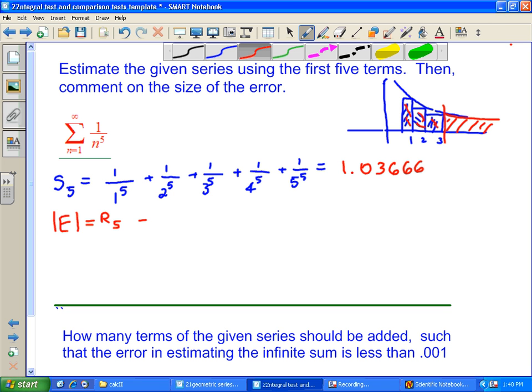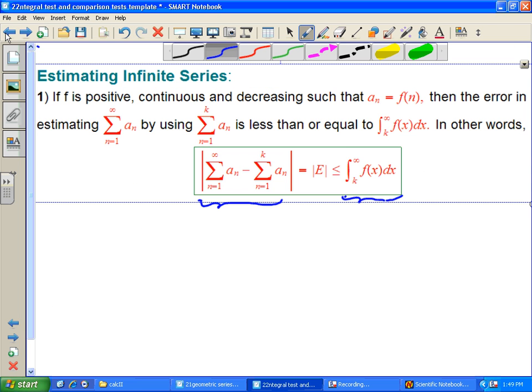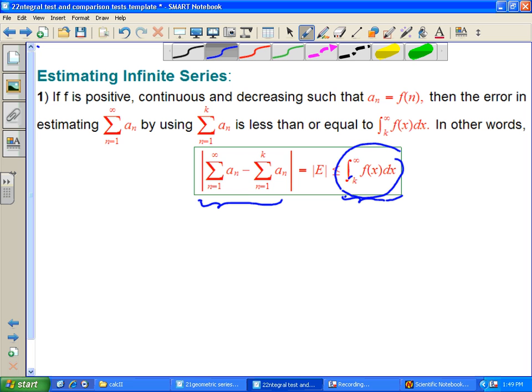So the error will be, according to the theorem we just learned, less than what? Look at your theorem: less than the integral from whatever the k was to infinity of that function. So in this case, k is 5.